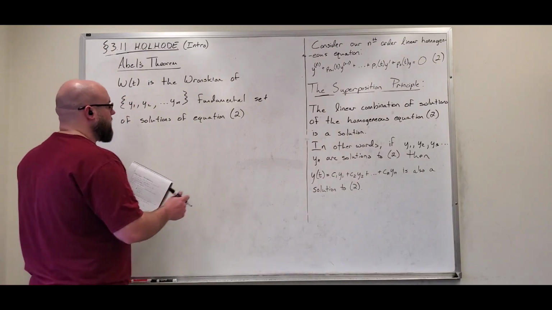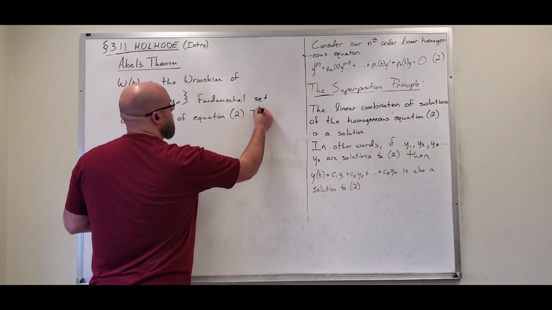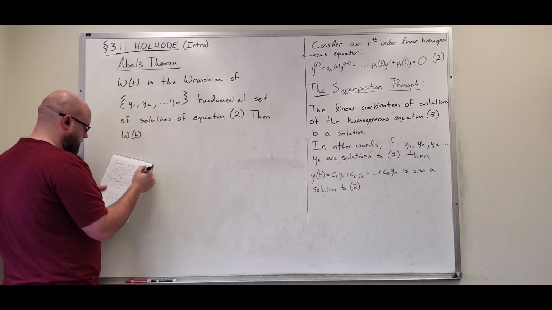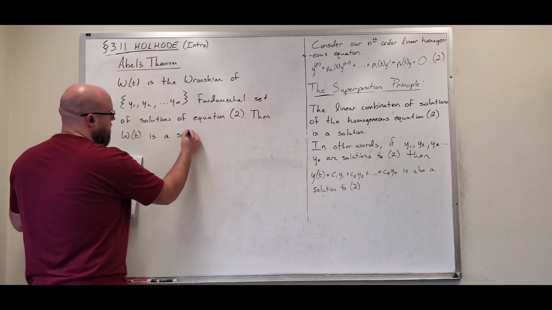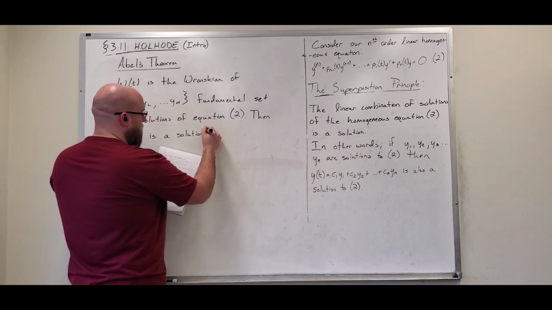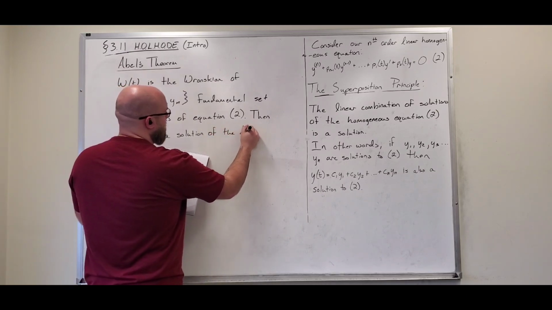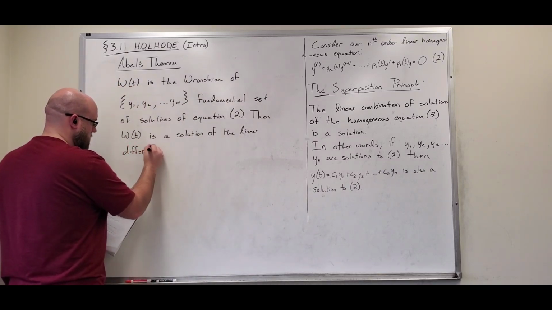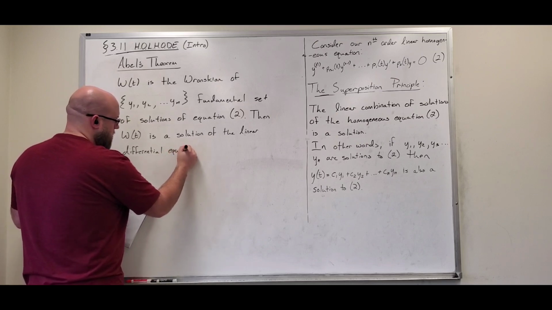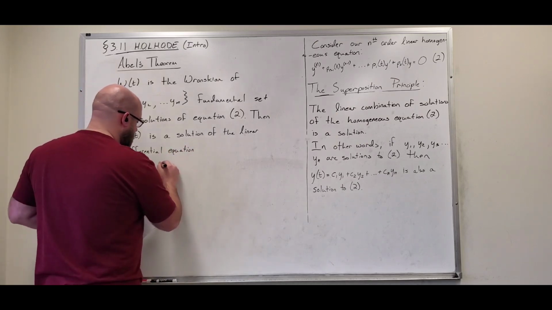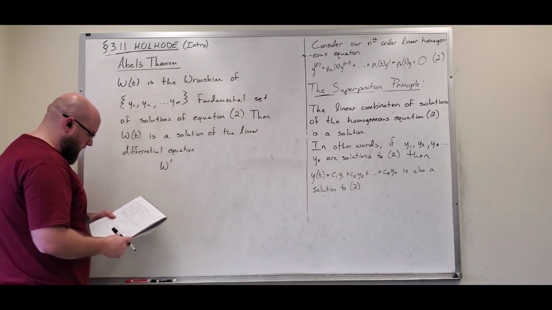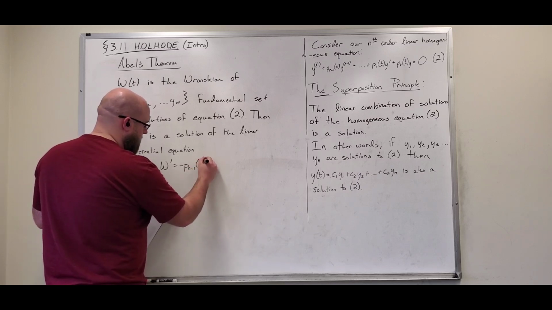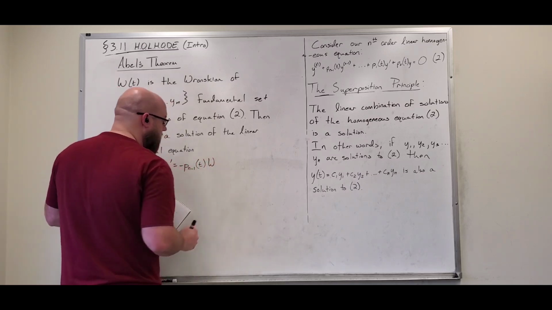So then, if that's the case, the Wronskian, that function that we talked about, is a solution of the linear differential equation W prime equals negative p sub n minus 1 of t times our Wronskian.